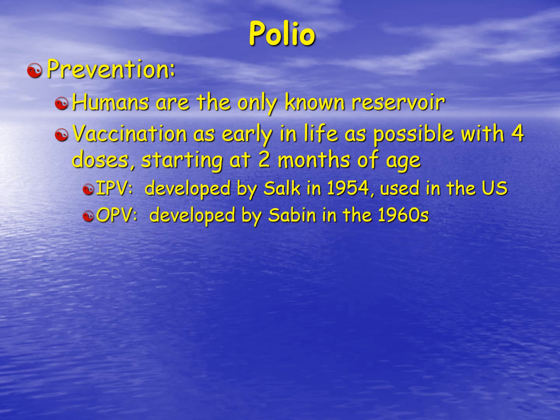The oral poliovirus vaccine was developed by Sabin in the 1960s, and both the intramuscular and oral vaccines have been used. The last naturally occurring case of polio was actually seen in 1976 in the United States.